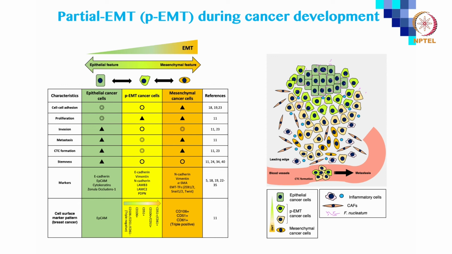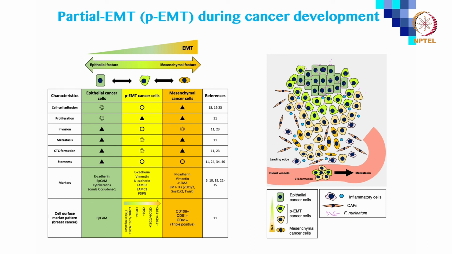The left figure shows the EMT spectrum and the characteristics of each state. EMT is not binary, but a gradually proceeding program. Partial EMT cancer cells have intermediate features of both epithelial and mesenchymal cells, and they contribute to tumor progression due to their invasive and tough characteristics.